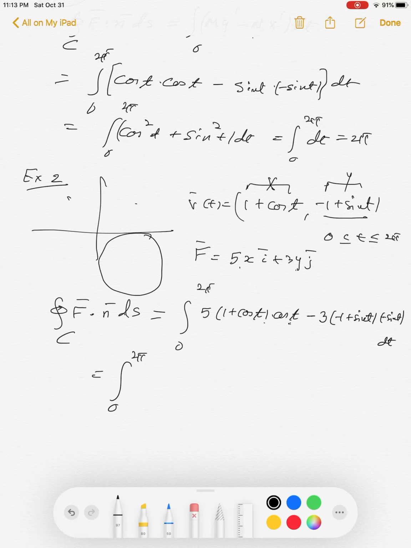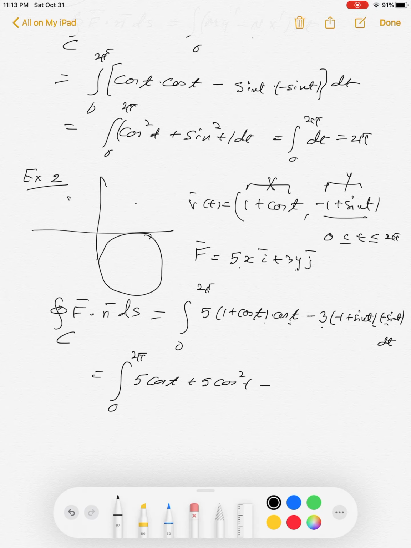So this is going to be the integral 0 to 2 pi. Let's double check. 5 times x, which is 1 plus cos t, times y prime, which is cos t, minus 3 times n, which is minus 1 plus sin t, times x prime, which is minus sin t. Okay, so what will that give you?